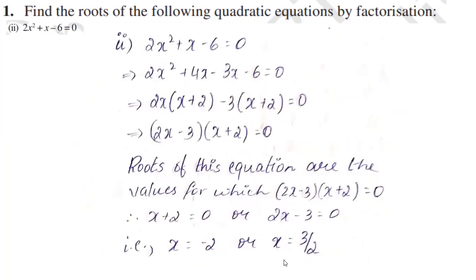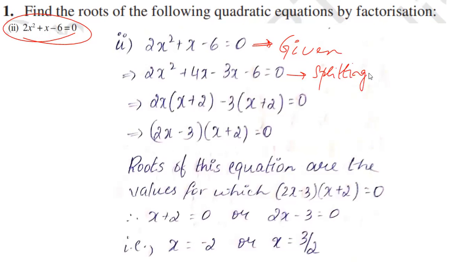Next. Again, there is one more question, but for a person who knows the method, this question is easy. What is this step? This step is nothing but given. What is this step? This step is nothing but splitting the middle term.